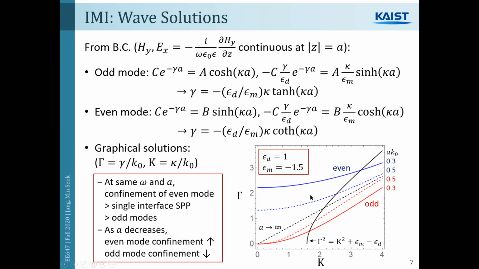Here, what I drew is blue for the even mode, and red for the odd mode. Why many lines? Because we have many different A. A means the thickness of the metal. The solid line is thinner metal, the dotted line is thicker metal, and this black dotted line is infinitely thick metal.